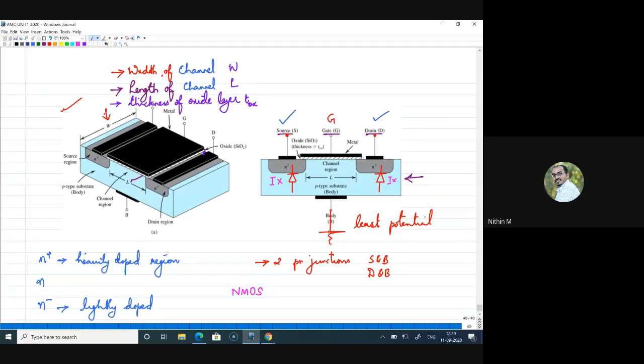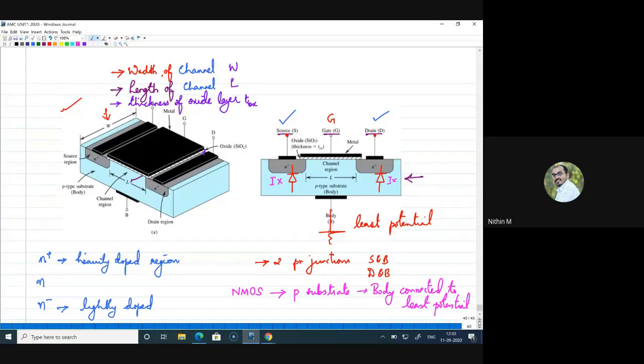That also will be an N type channel. We will see how the channel is formed, all those details. So for NMOS the substrate will be P, and in that case body will be connected to the least potential.